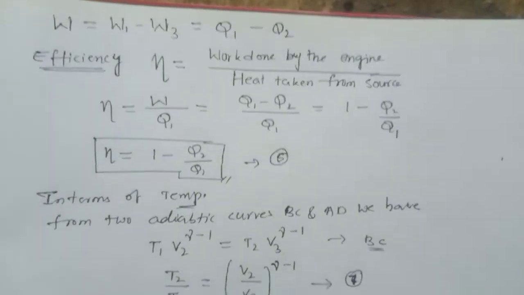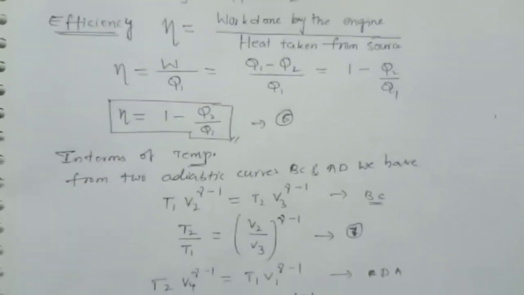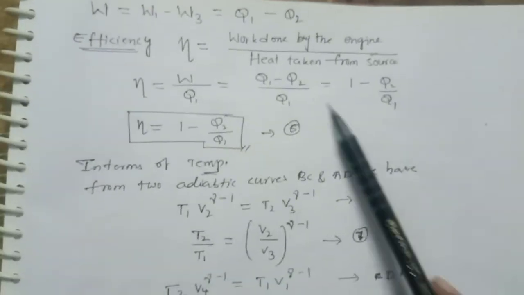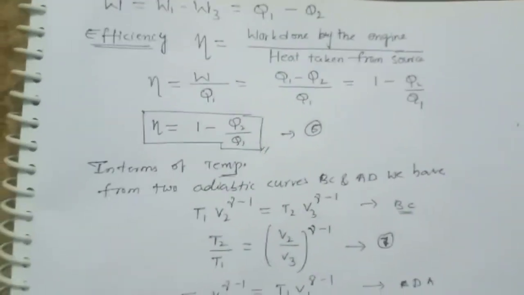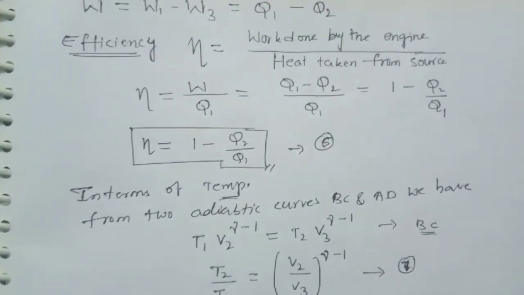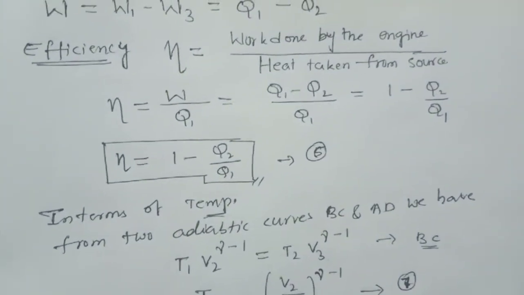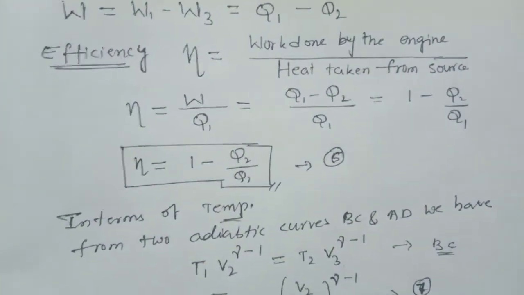As we got W is equal to Q1 minus Q2, we have Q1 minus Q2 by Q1, which gives 1 minus Q2 by Q1. So eta is equal to 1 minus Q2 by Q1. This is the efficiency equation in terms of heat.